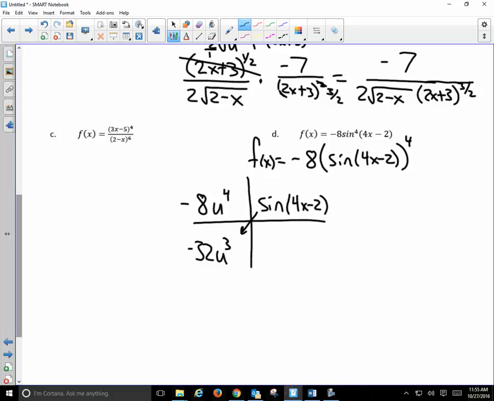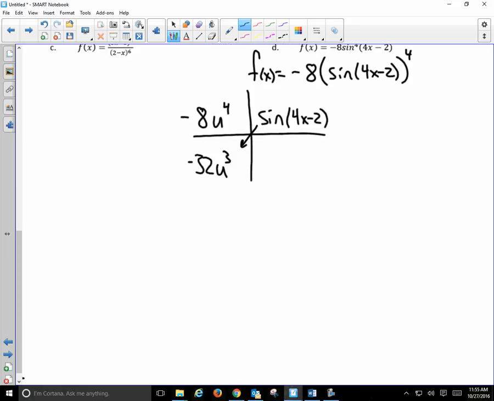in order to take the derivative of sine of 4x minus 2, what do I have to use? Chain rule. Instead of setting up another set of boxes, we will just think about it, okay? If you want to, but there will come the time I won't. Watch. Just watch. What's the derivative of the inside? What's the derivative of the outside?